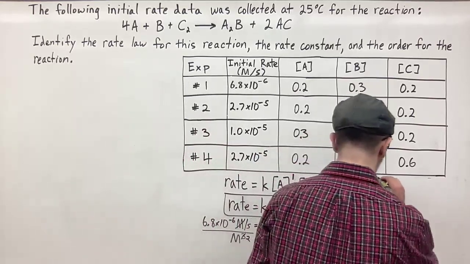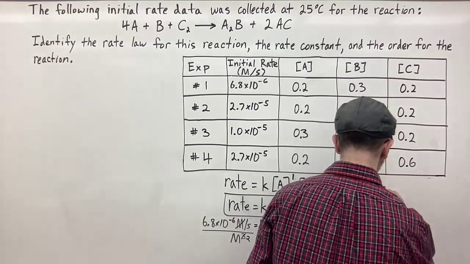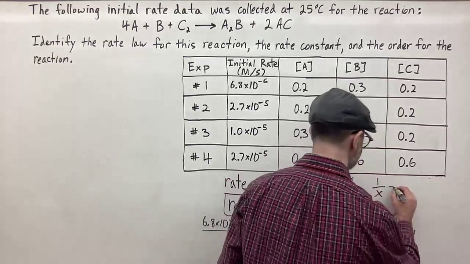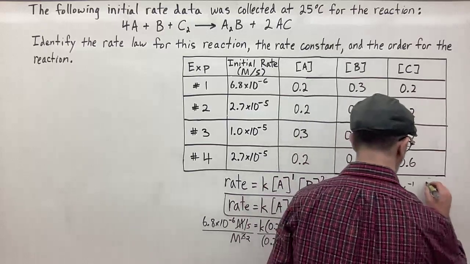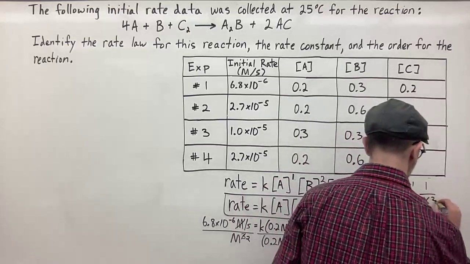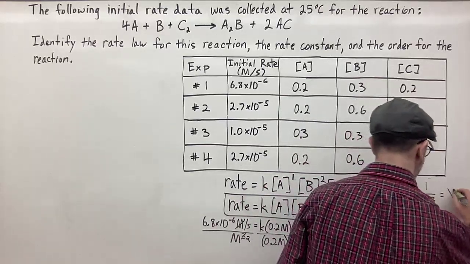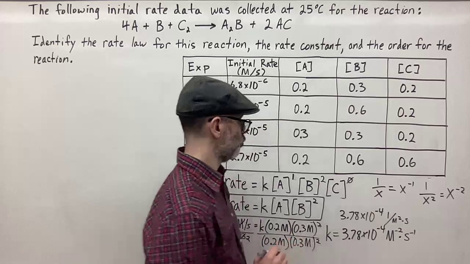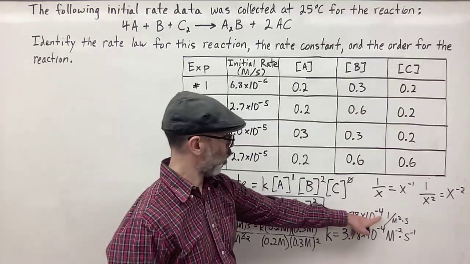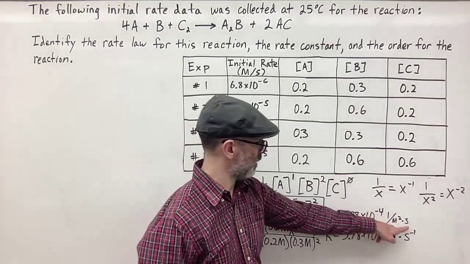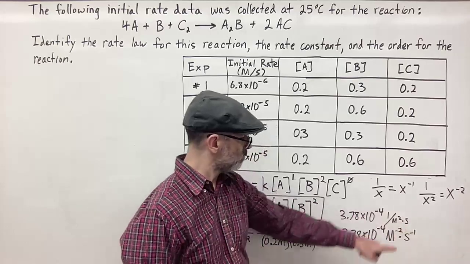So remember, 1 over x is the same as x to the negative 1, or 1 over x squared is equal to x to the negative 2. So that's what I'm doing here. So you can have 1 over molarity squared times S is second, right?